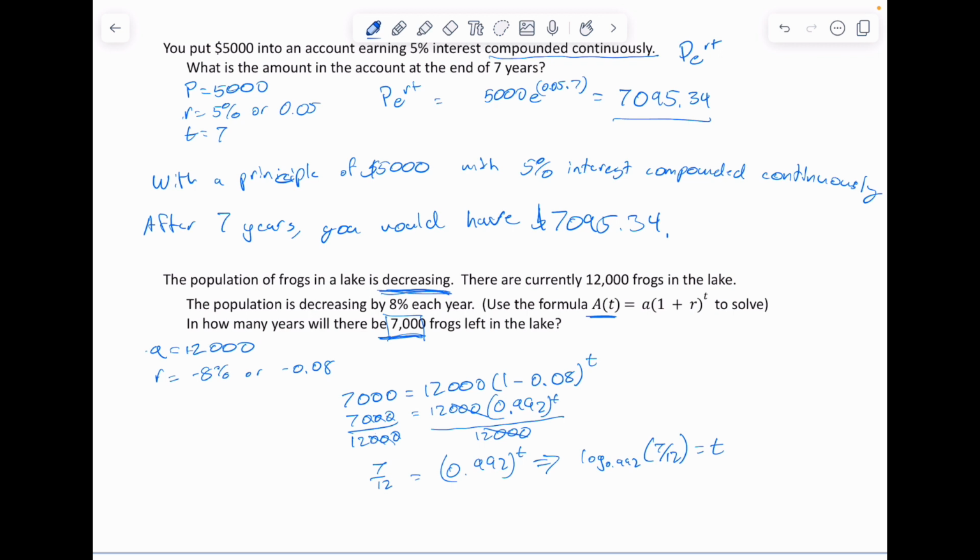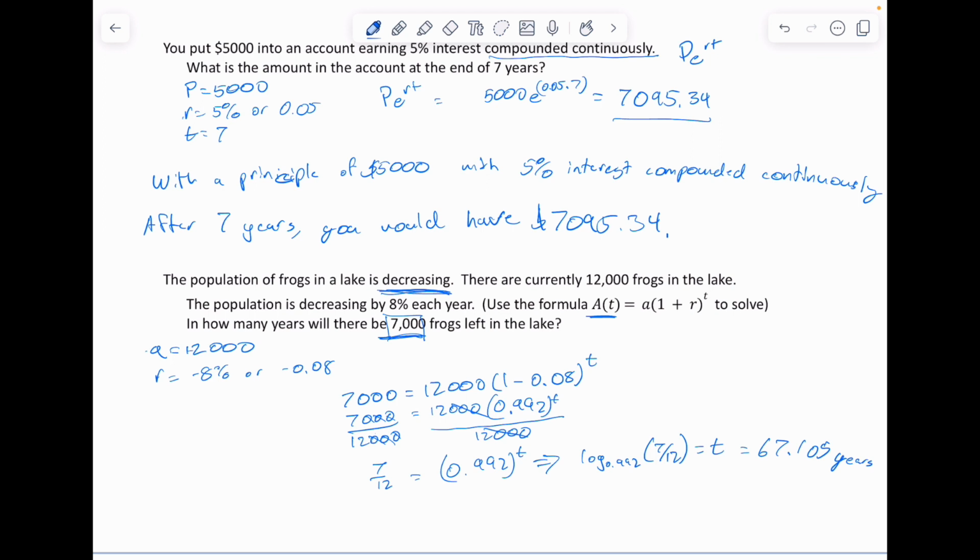I don't know these things off the top of my head. But if you're plugging into a calculator, you're going to get your t value is equal to 67.105 years. That's close enough, just 67.1.